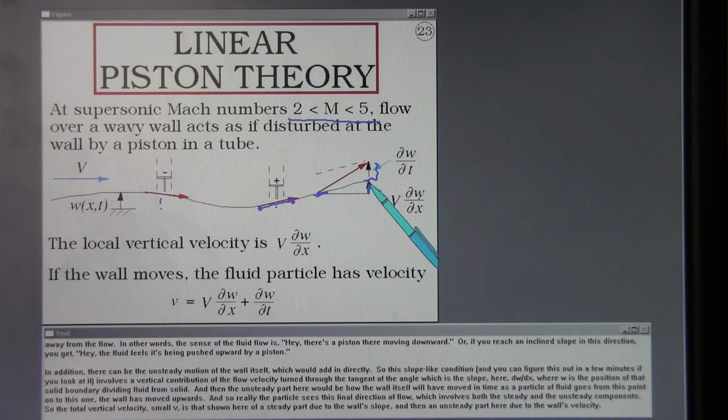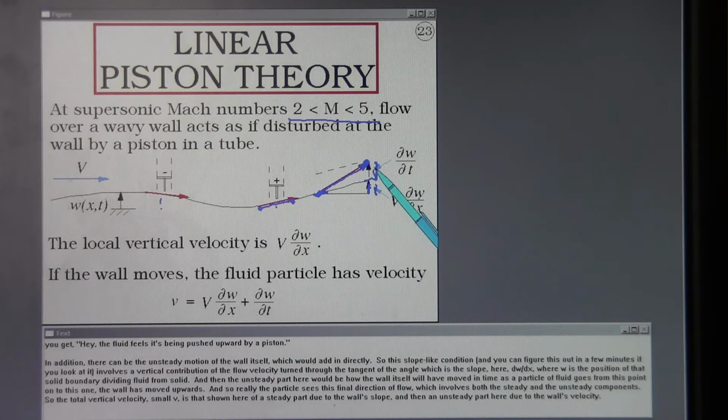The wall has moved upwards, and so really the particle sees this final direction of flow, which involves both the steady and the unsteady components. So the total vertical velocity, small v, is that shown here: a steady part due to the wall slope, and then an unsteady part here due to the wall's velocity.